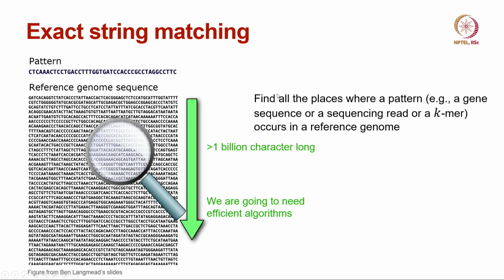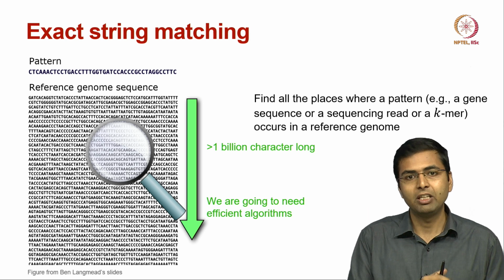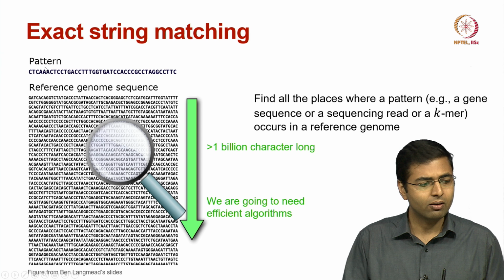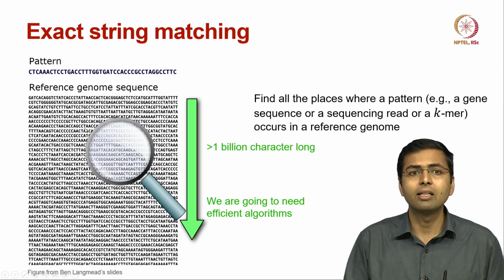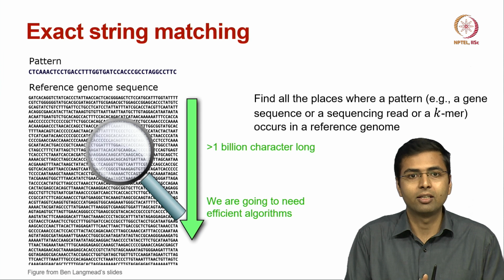This pattern could be a single gene or a sequencing read coming out of a sequencing instrument, or it could be a short word of length k, which we typically refer to as a k-mer in the bioinformatics literature. And we would like to know whether this pattern occurs in a large reference genome sequence or not.